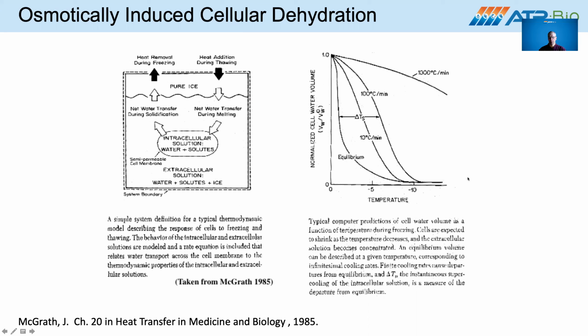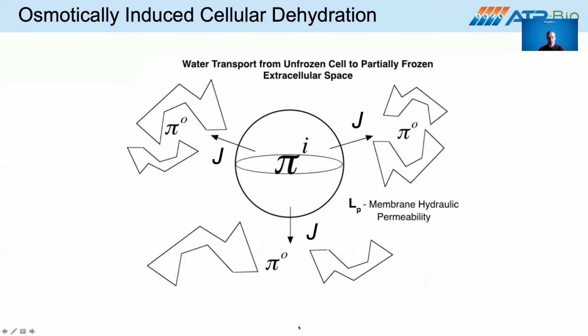Peter Mazur has speculated something in that neighborhood of cell volume, so that whatever might happen with ice would be innocuous in the cell. If you have a huge amount of ice in there, it's obviously going to be damaging. This is from John McGrath's chapter in Heat Transfer in Medicine and Biology in 1985.